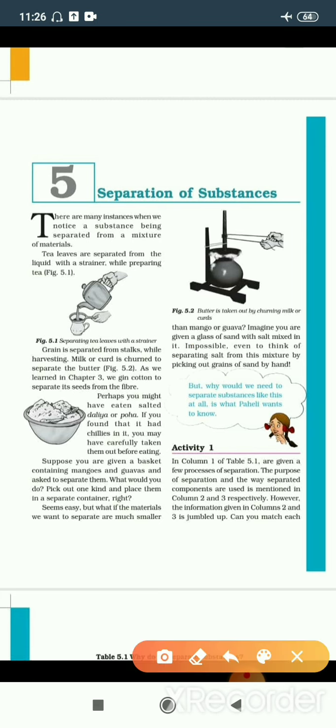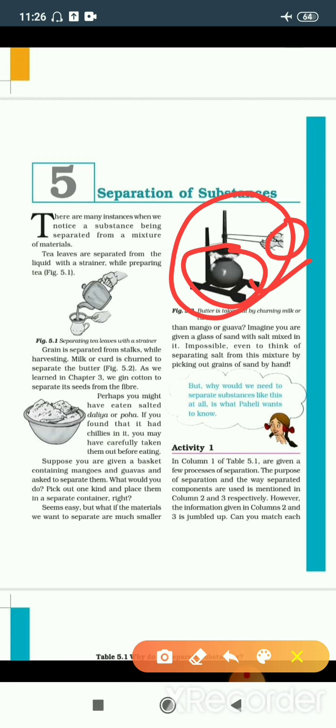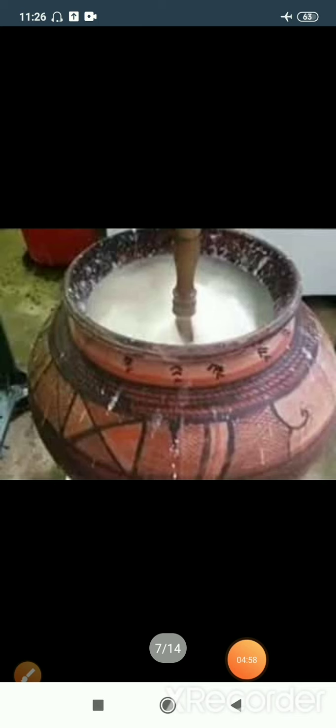So you can observe in this diagram, the person is churning the buttermilk. With the help of this churning, the butter automatically comes together in bulk, and after that with the help of hands we can easily separate the butter. You can see here, with the help of this instrument or equipment, the buttermilk is churned.